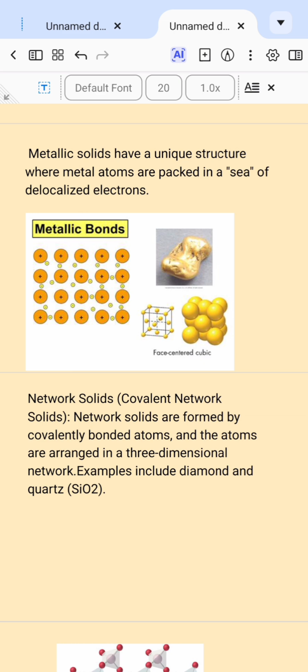Though covalent bonding is not as strong as ionic bonding, when there is a network, it forms a tetrahedral shape, a three-dimensional network, and in this case a crystal is formed. That's one of the reasons why diamond is the hardest substance known, because it's very, very strong.